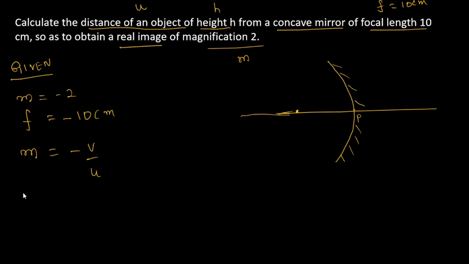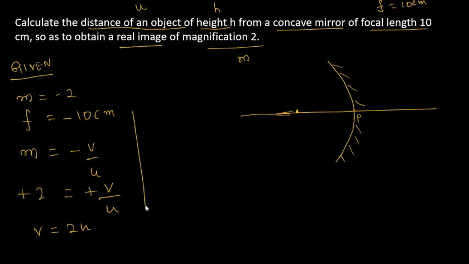So here it is minus, so minus of minus v, where v is here and u is here. So minus of minus is plus. Therefore, v is equal to 2u.